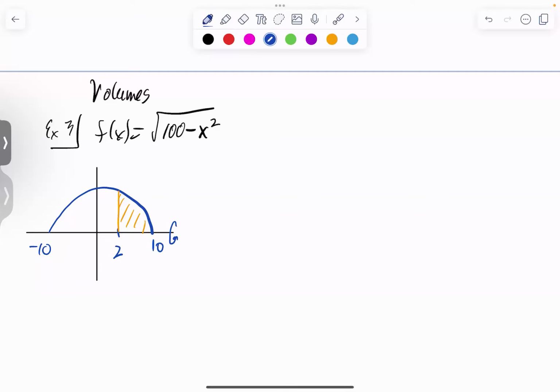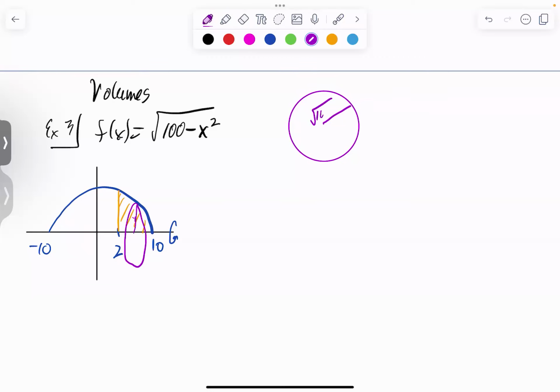And what we're going to generate for every single little piece here, nope, I don't want a straight line. I want a disk of radius y. So I'm going to draw that over here. And this means that our radius of this circle is the square root of 100 minus x squared. That's y.